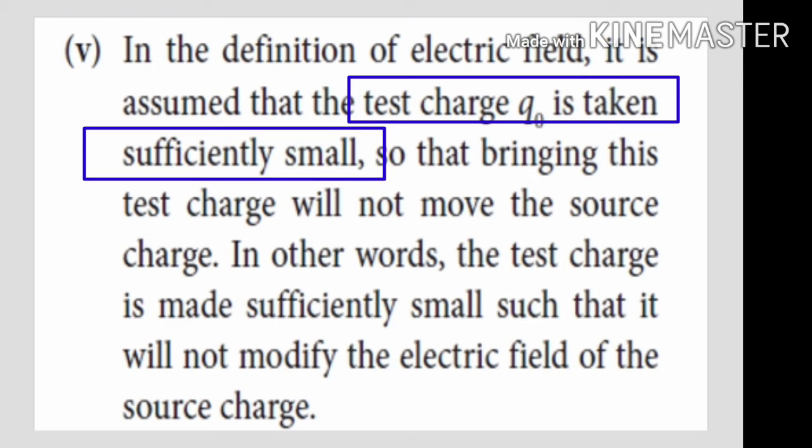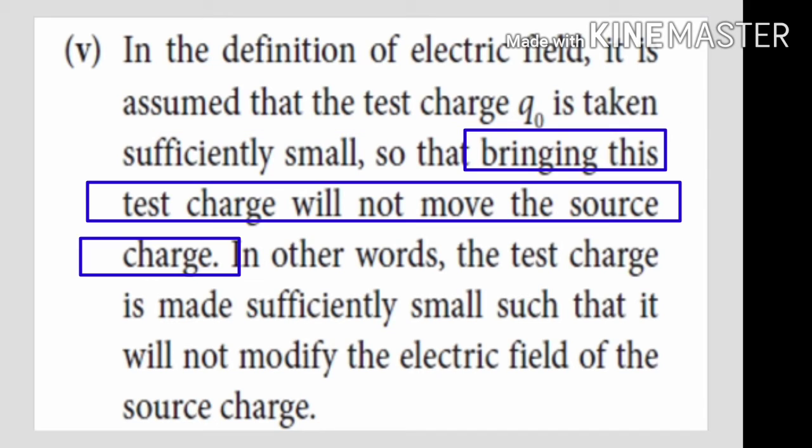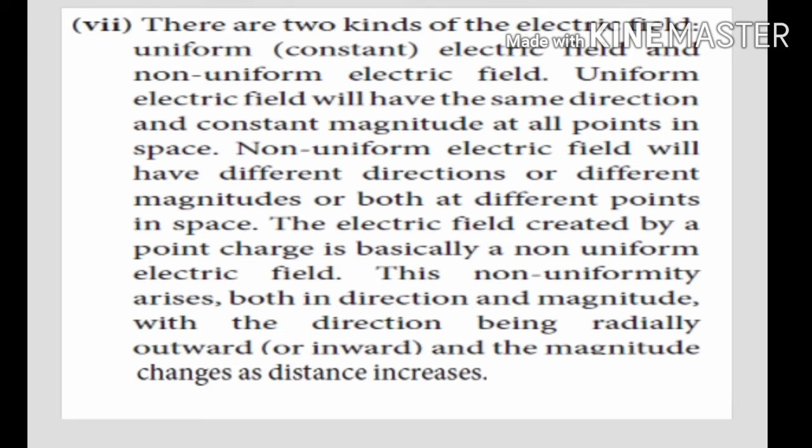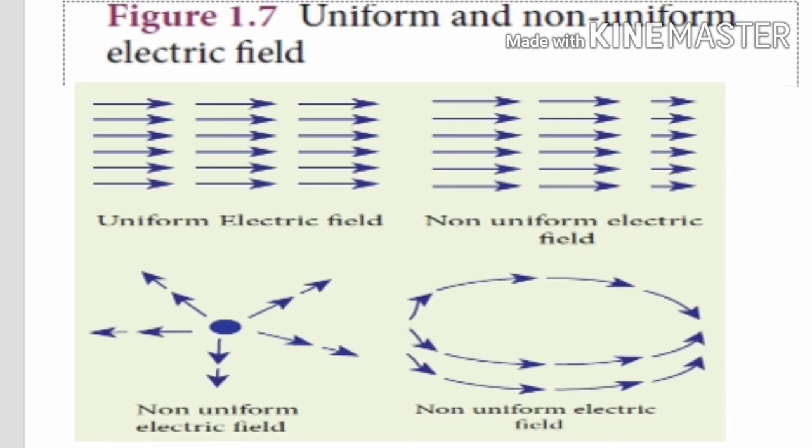Usually, the test charge is considered to be sufficiently small so that it will not affect the source charge and it will not modify the electric field around the source charge. There are two kinds of electric field. One is uniform or constant electric field and another one is non-uniform electric field. Look at the picture. The picture shows that the uniform electric field will have equal magnitude and same direction.